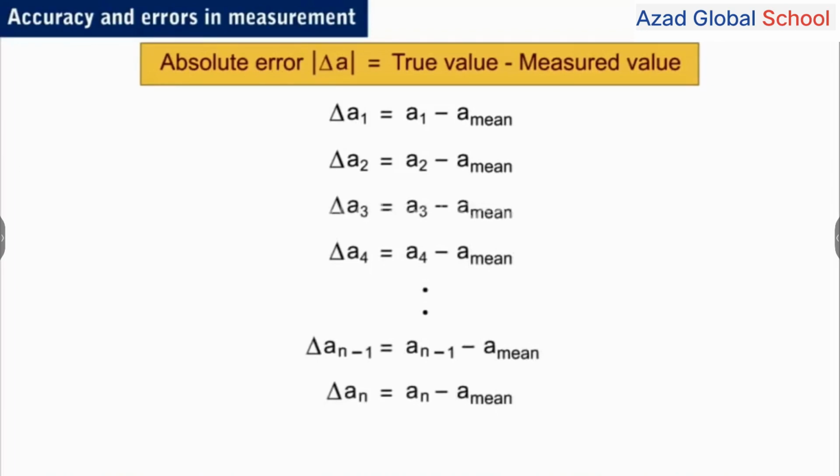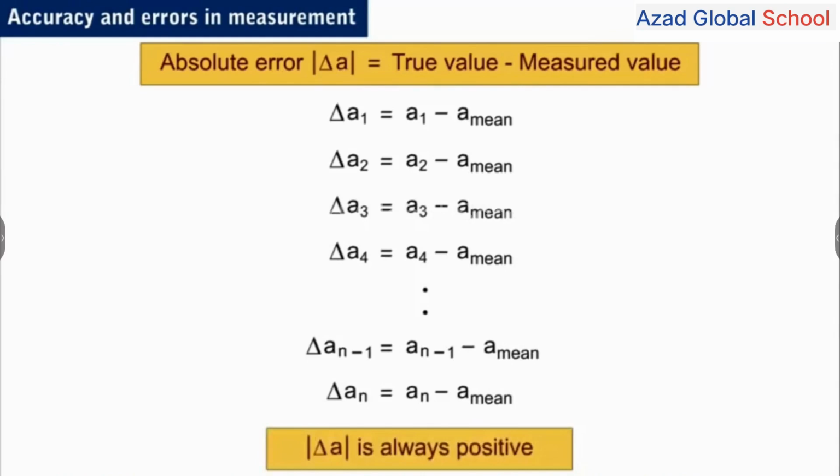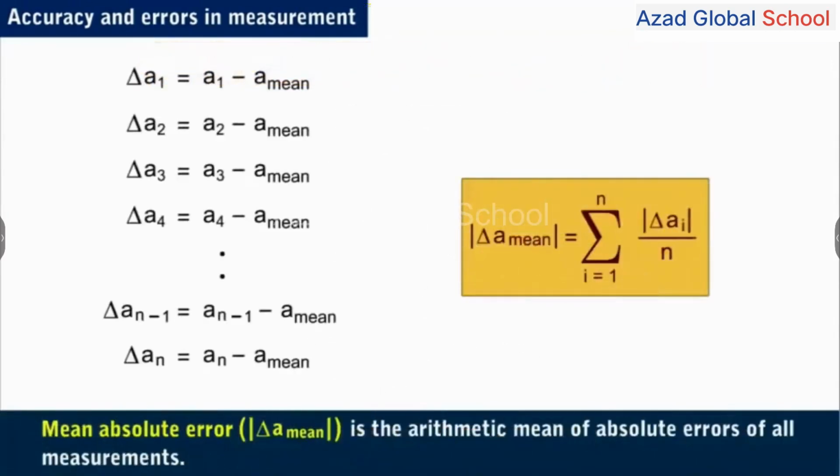Individual error delta A may be positive or negative. However, absolute error mod delta A is always positive. Mean absolute error is the arithmetic mean of absolute errors of all measurements.